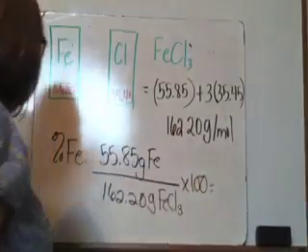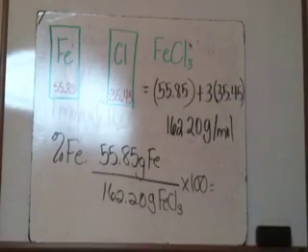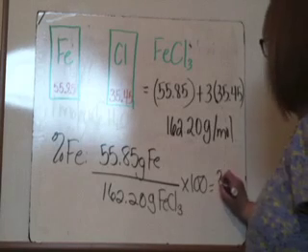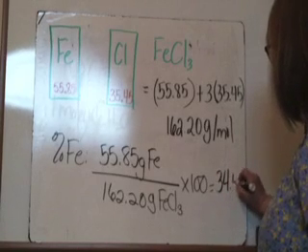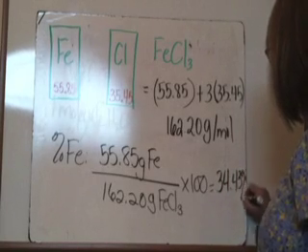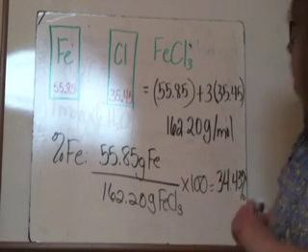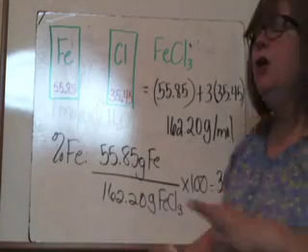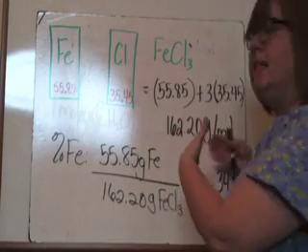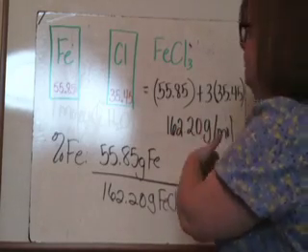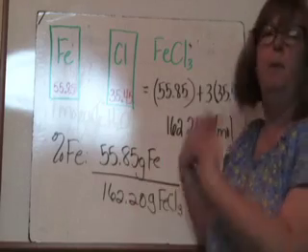And when we do that, going to 4 significant digits, we get 34.43%. All right, so that's how you calculate percent composition. So now we're going to use percent composition numbers to come up with an empirical formula. We're going to go backwards.